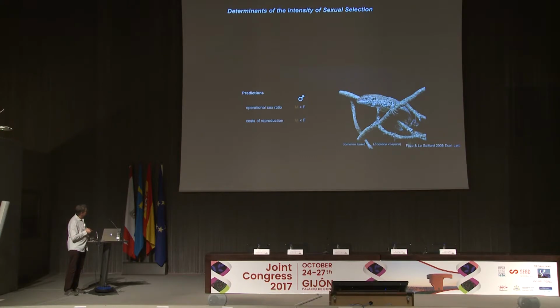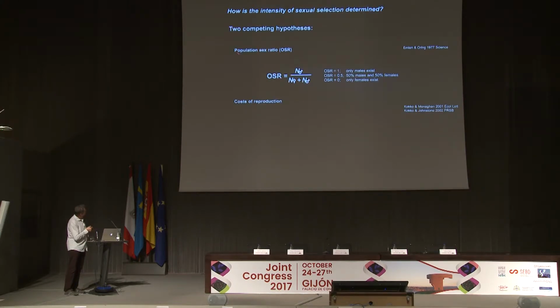First, there exists the population sex ratio that determines the intensity of sexual selection and the costs of reproduction. In the previous example, we have seen that the costs for a female in male-biased populations are very high. They have a reduced number of offspring, they have more injuries, and they survive less.